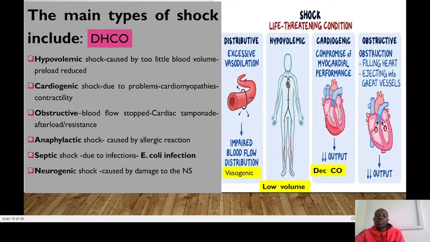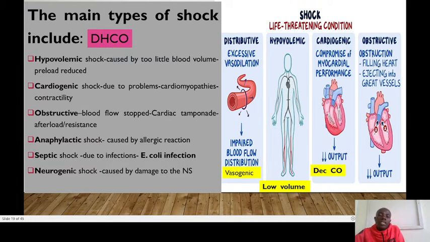Problems could be due to cardiomyopathies, which are going to affect the contractility. Then you have the obstructive, where obstruction prevents the heart from filling and ejecting into the great vessels. So blood flow is stopped, maybe due to cardiac tamponade.